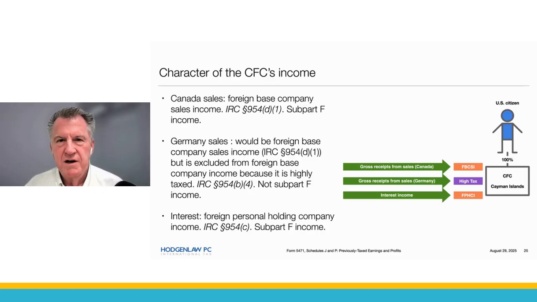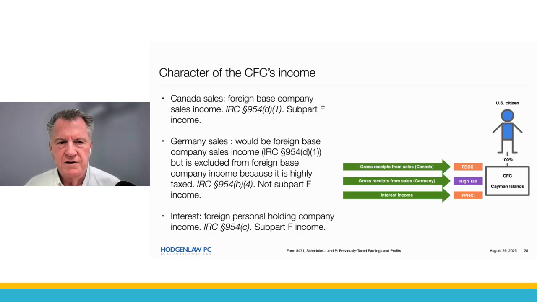Foreign-based company sales income is one of the categories of foreign-based company income. Foreign-based company income is one of the categories of subpart F income, and subpart F income is included in the U.S. shareholder's gross income for the year. So that's the mechanism by which whatever income is generated by the CFC from its drop shipment sales into Canada will eventually show up on the U.S. citizen's Form 1040 as part of gross income.